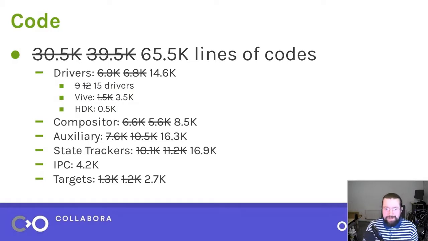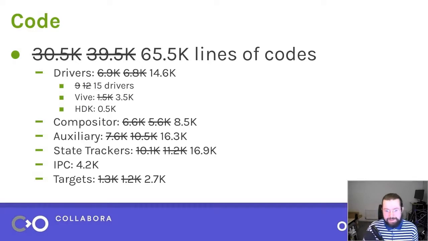We have the IPC layers. And if you're wondering why there are strike through numbers before them, I have kept this code page along from my various talks, and I keep updating them. So I think the first number is from somewhere last year, and the second number is from February this year.